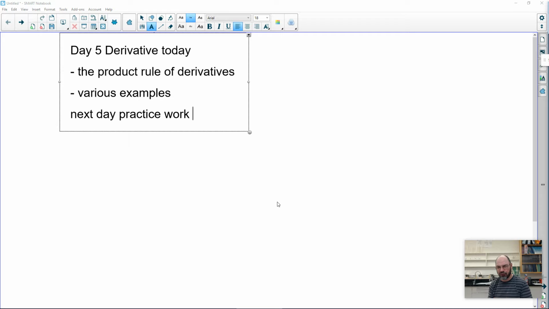So what we're going to do is I'll state the product rule. We're not going to really derive what it is, but we will state the product rule, and then we'll do some basic examples of how to do product rule. We'll do some polynomial examples here. We'll do some examples with three products rather than just two.